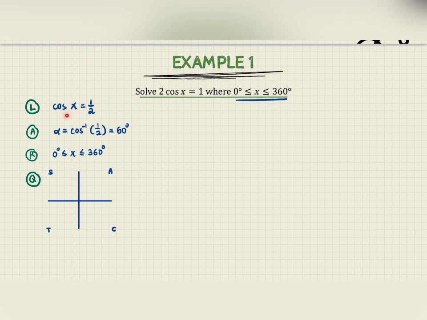So, cos X is a positive value. So, half ni adalah positive value. Okay, so kat mana kuadran yang cos kita always positive? So, kat sini, A dan juga C. Okay, so that means your alpha will be located at the first and the fourth quadrant. Okay, so ini adalah value kepada alpha kamu.